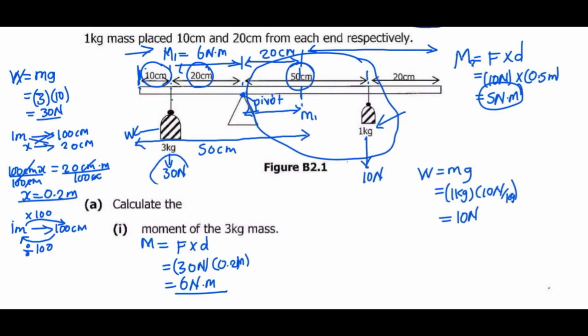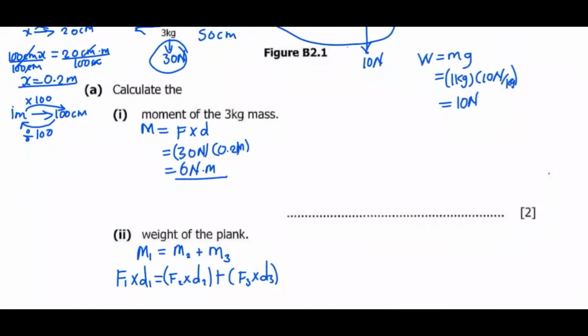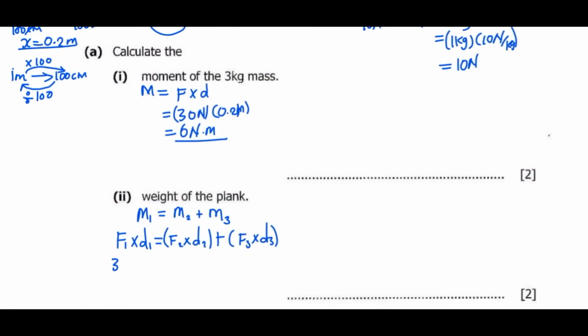So you know that force 1 is 30, distance 1 is 0.2. So we have 30 newtons times 0.2 meters. Then force 2 we will consider as now the weight of the plank. So let's just put W times the distance 2.